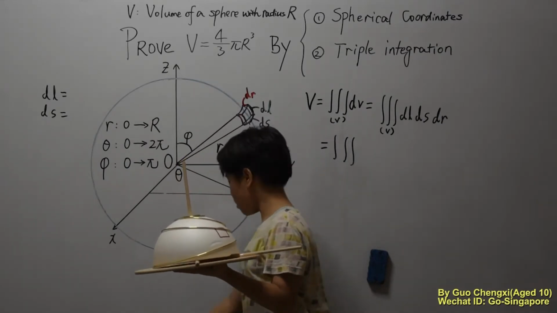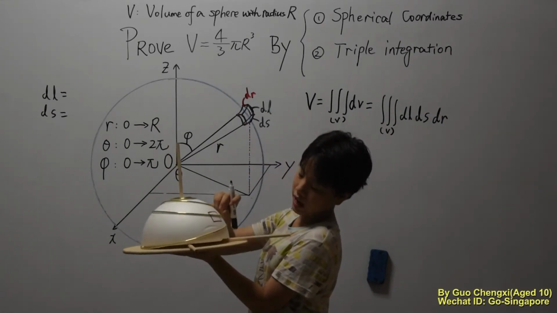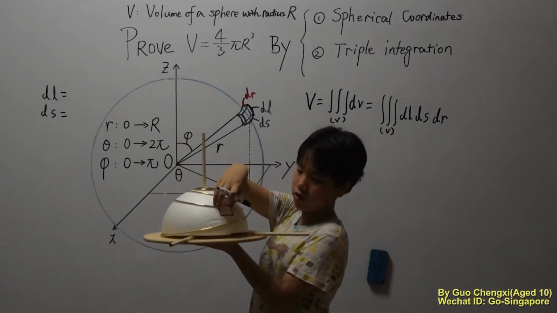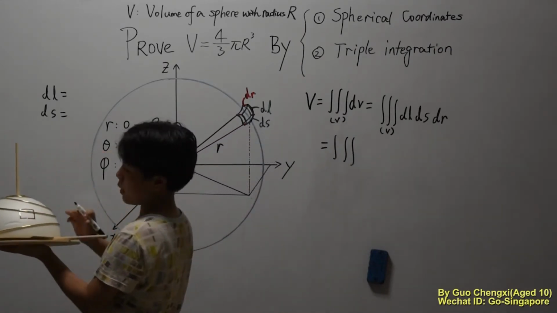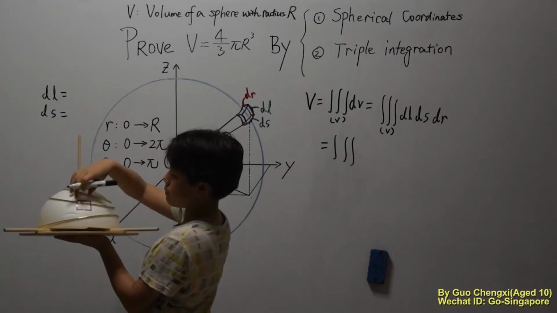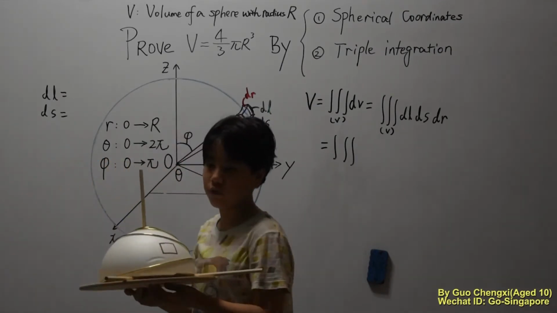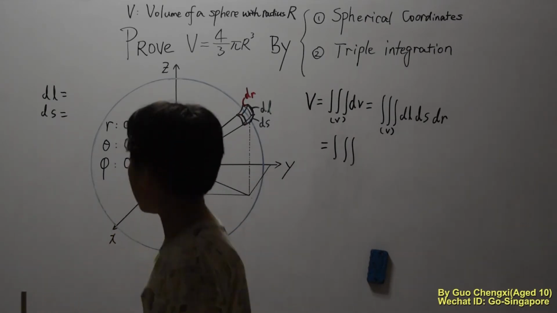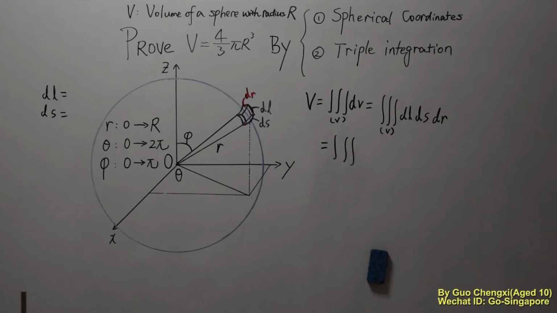For this part, you can solve it like this. Then if you realize this arc over here is basically this ds, so what will it be? Okay, why don't we first draw a line so that we can find it, okay?